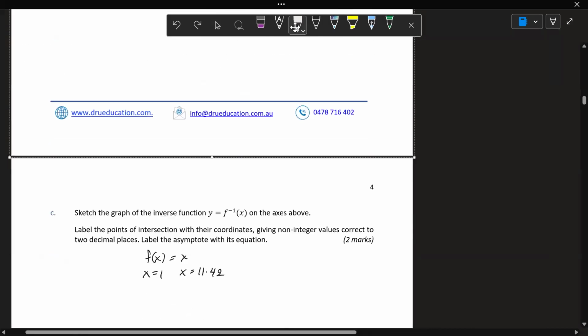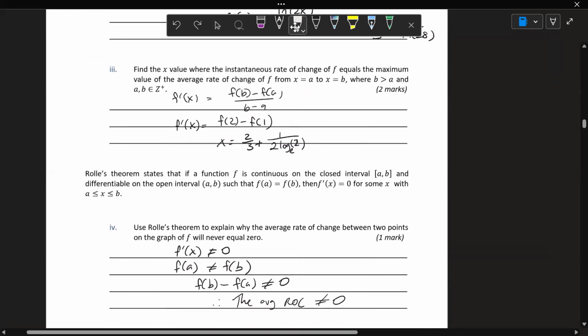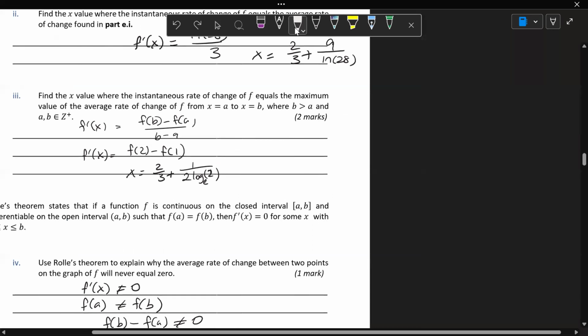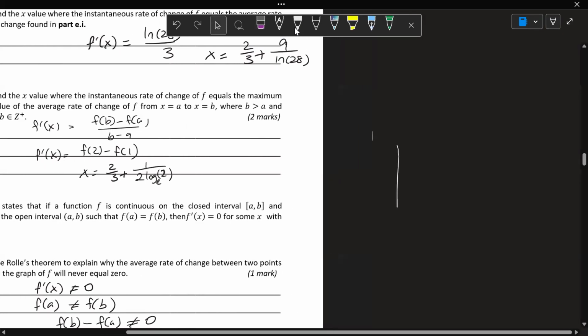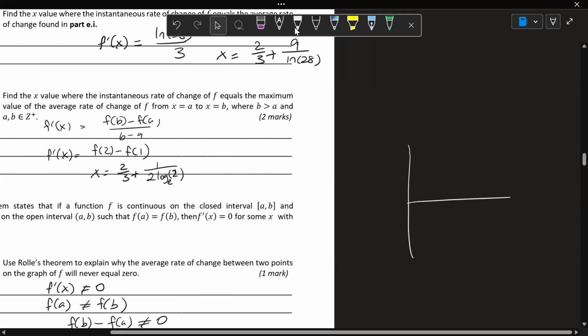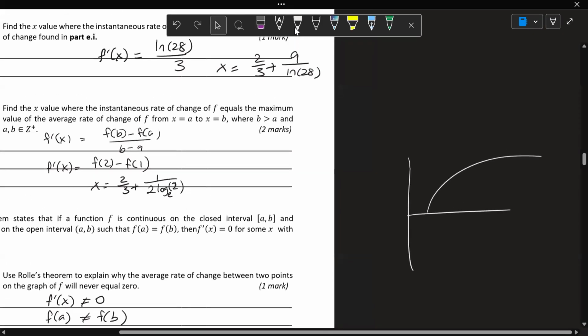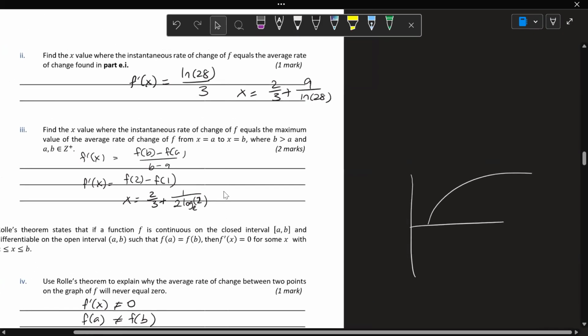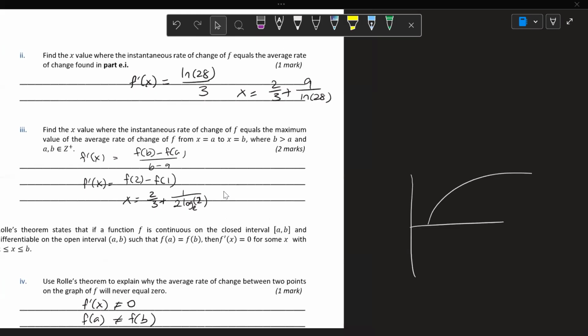Okay. So it's asking us here the maximum value of the average rate of change of f. So the function looks like this. And you want to find where the maximum value of the average rate of change is. And the 2 points you're using are a and b. b is larger than a, and they're both positive integers. So in the graph, the maximum value of the average rate of change occurs when the function increases the most.